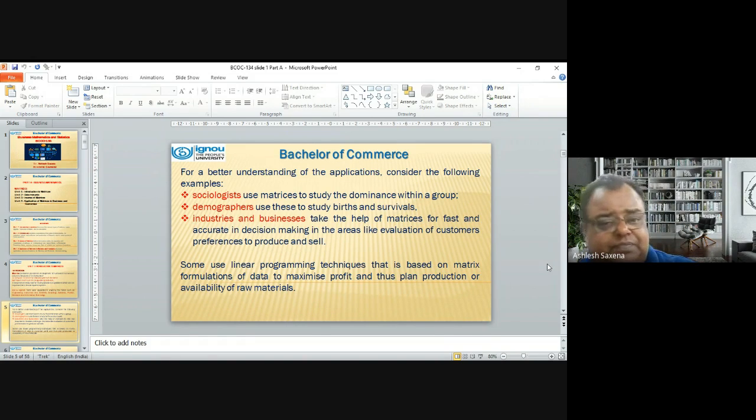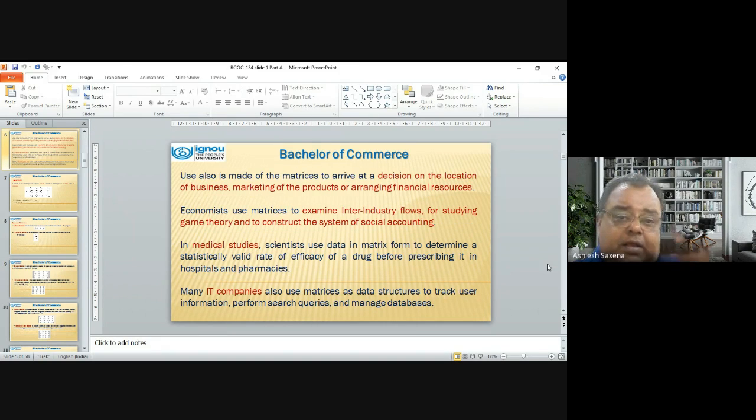We use linear programming techniques, which are based on matrix formulation of data, to maximize profit and thus plan production or availability of raw material. The use is also made of matrices to arrive at a decision on the location of business, marketing of a product, or arranging financial resources.